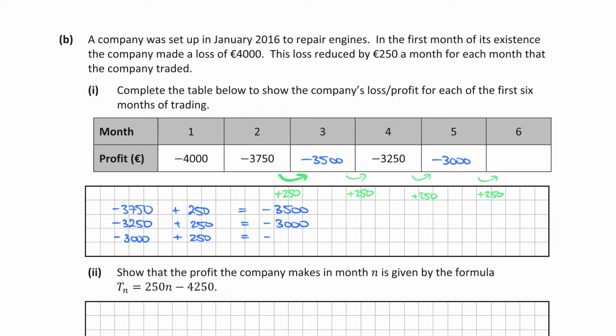And if you'd done that, you would have got negative 2,750. Okay, so you should be able to fill those values in. And if you fill them in, you would have got 5 marks.